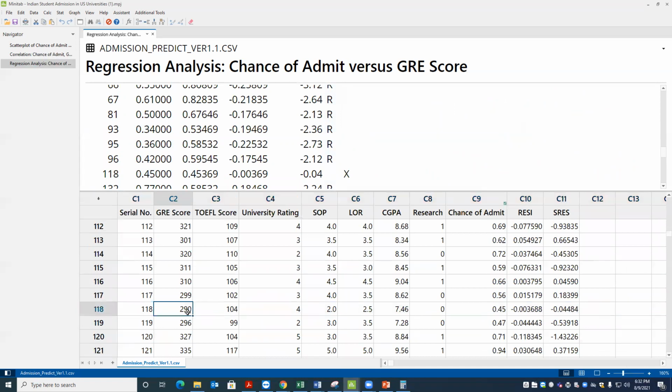GRE is 219, TOEFL is 14, university rating 4, statement of purpose and letters of recommendation are very. We are just going by GRE and chance of admission. So 290 and chance of admission is 45. So this is unusual data, or maybe an error, or maybe someone gave wrong information, or you made an error.